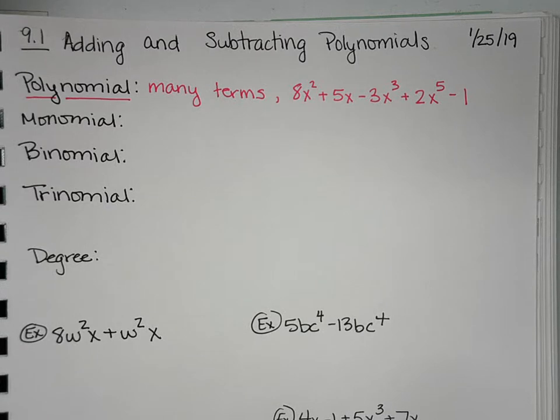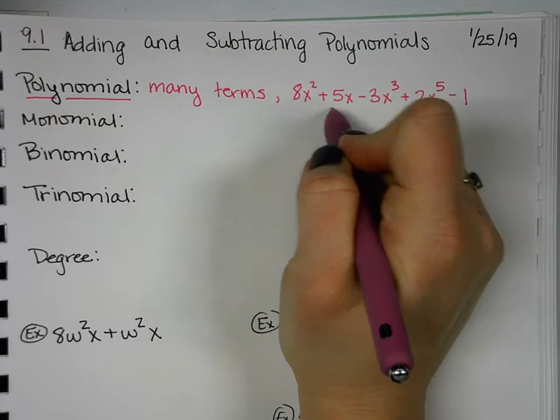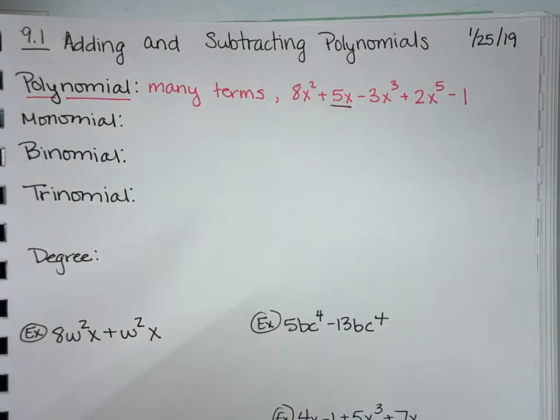So then here's my next question for you. Do you guys know what a term is? Do you see a term in that expression? Give me an example of a term in the expression. Okay, so 5x is considered just a term.